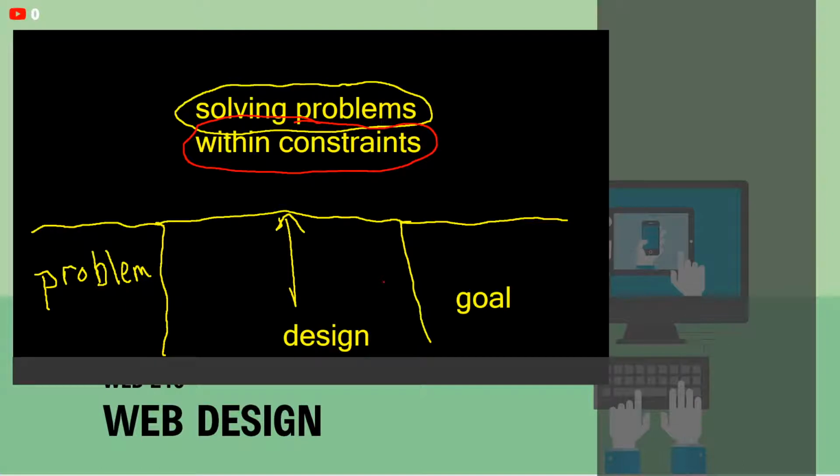Like, there are some problems that something looking good helps, right? This idea of time retention, time on page. If you're on an aesthetically pleasing site, you're more likely to stay on that site to accomplish the task that you need to accomplish. If you're on an aesthetically pleasing site, you're more likely to trust that site, which is something that we talk about toward the end of the semester when we get to ethics.